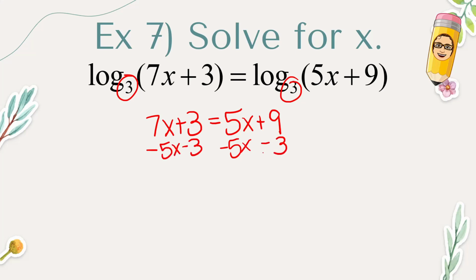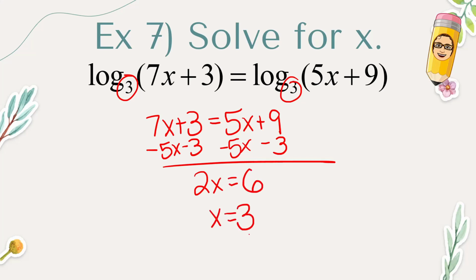I'm going to get 2x equals 6, I'm going to get x equals 3. Plug it in. Definitely not 0 or a negative. This one is definitely not 0 or a negative as well. We are good. And if we plug it in, we actually get 24 and 24. So both work in there.